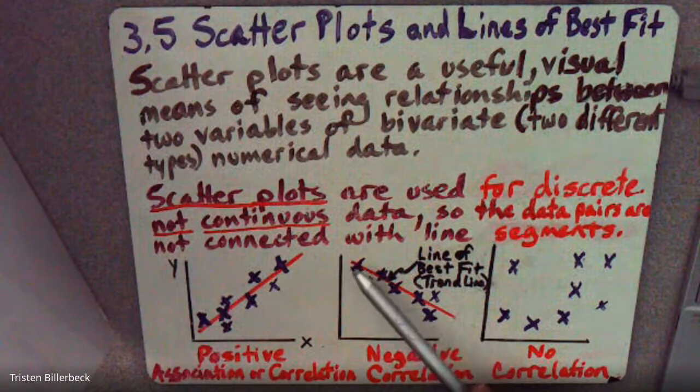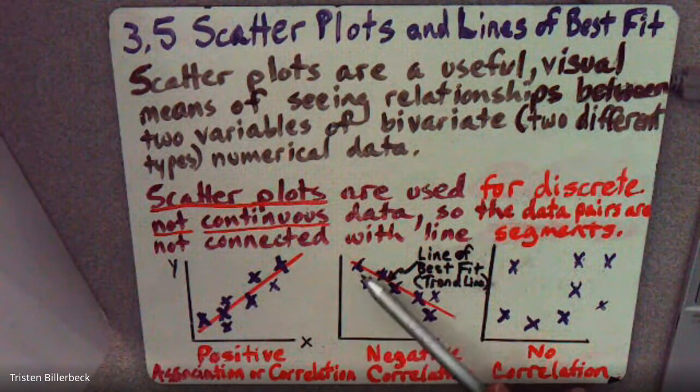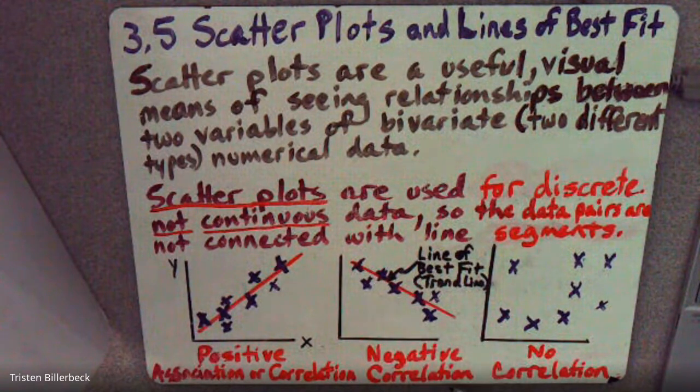When we have a line of best fit where, as x increases, y decreases, we have a negative correlation. It still means a very strong relationship, especially as it's close to the line.